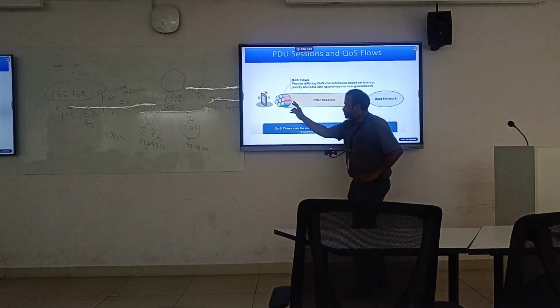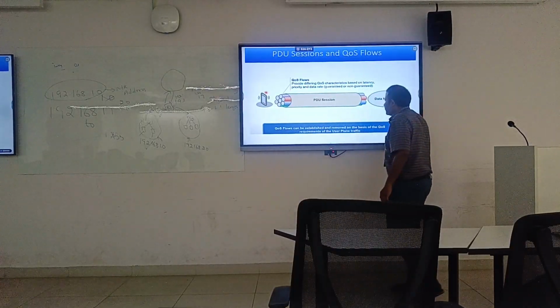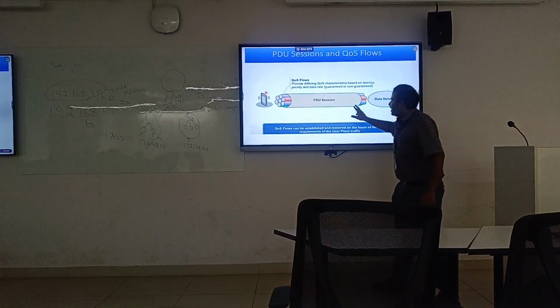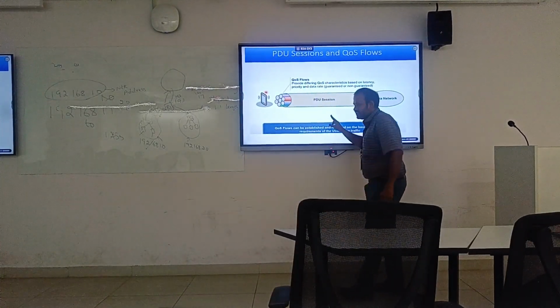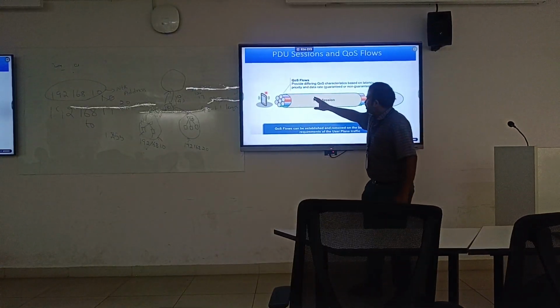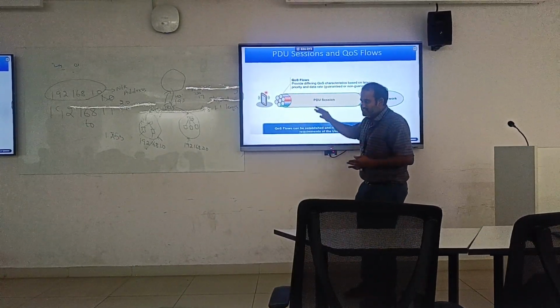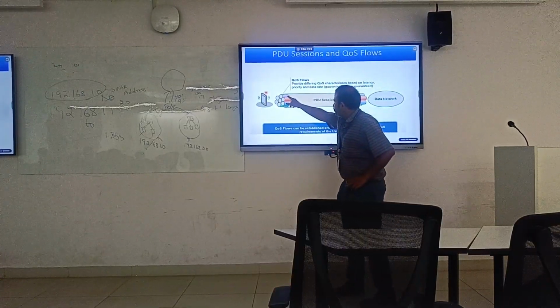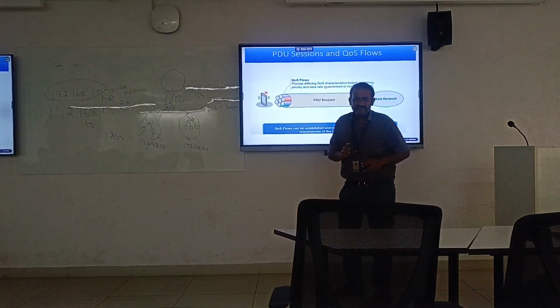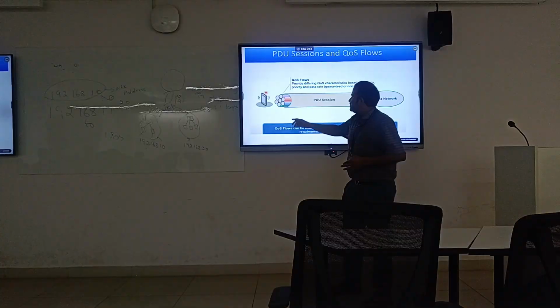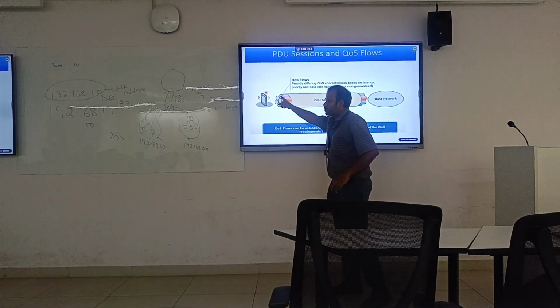Now your user equipment is there, your external data network is there, and your PDU session is created. Once your PDU session is created, inside that, based on the customer needs, the QoS flows will be created. Say, for example, QoS 1, 2, 3, 4, 5, 6, 7.